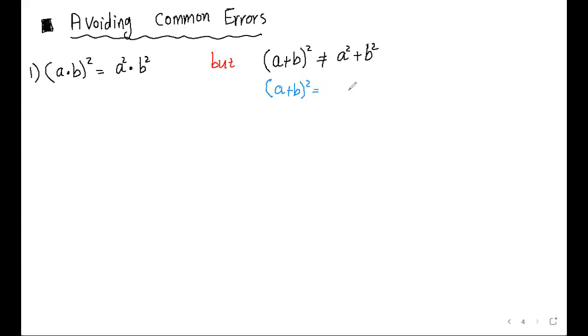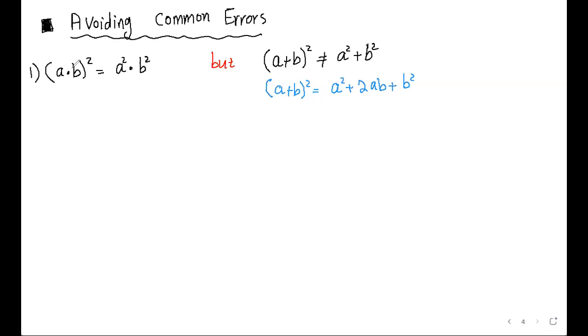What is that equal? a plus b times a plus b. Yes, but what is the answer? Is it a squared plus 2ab plus b squared? Yes, exactly. So the first one squared plus 2ab plus b squared. Look, in the first one we missed the 2ab. See? And this is not available in multiplication.